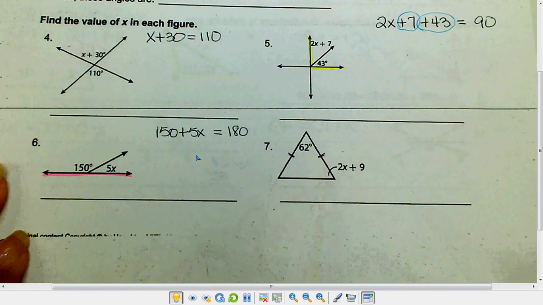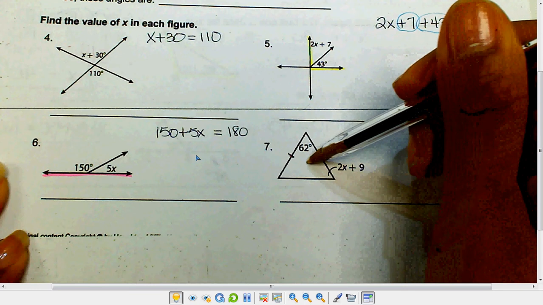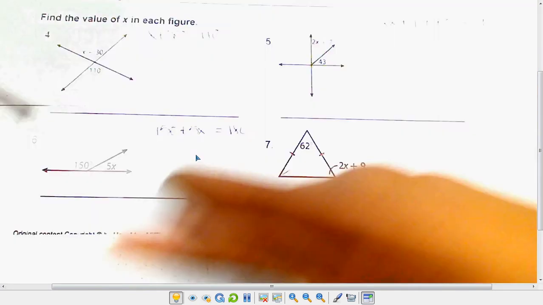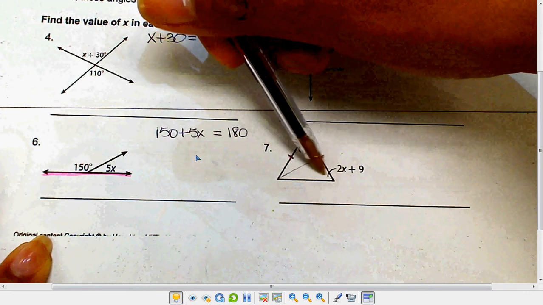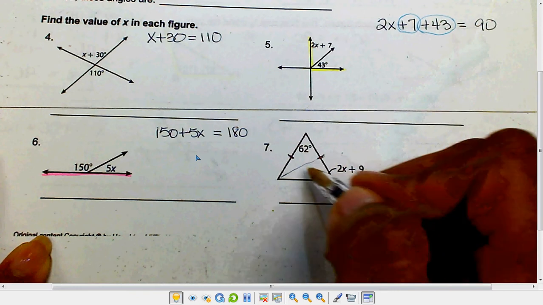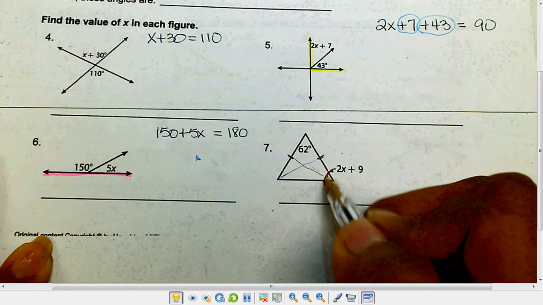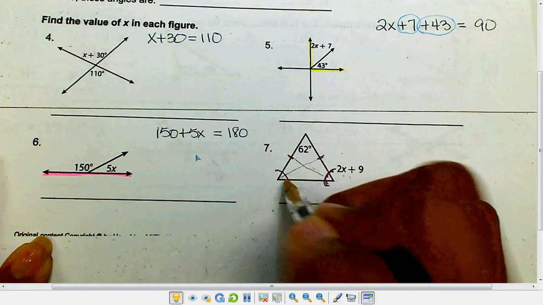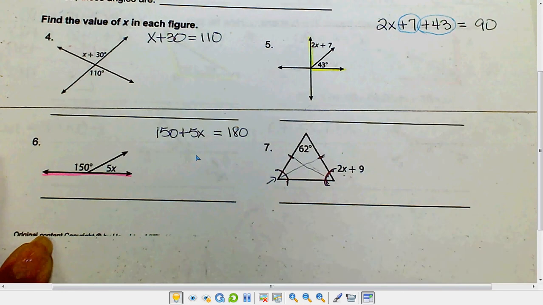So if I go opposite of this side, remember we got to go through the triangle, I'm going to get this angle. And if I go opposite of this side, going through the triangle, I'm going to get this angle. Yes, alrighty. So therefore, it should be telling me that this angle that says 2x plus 9 has to be congruent to this angle. So therefore, this angle is going to be how much?